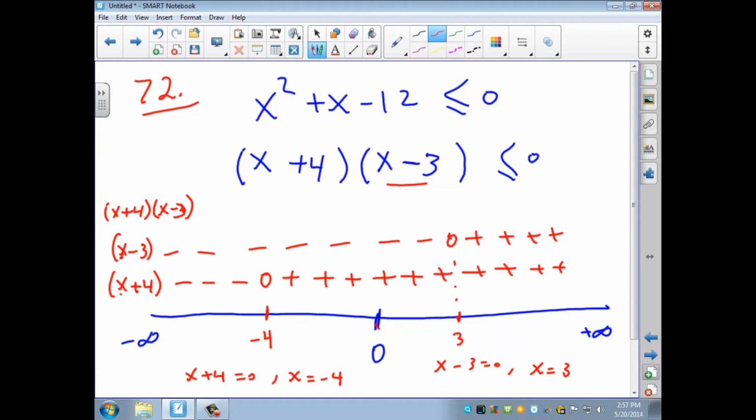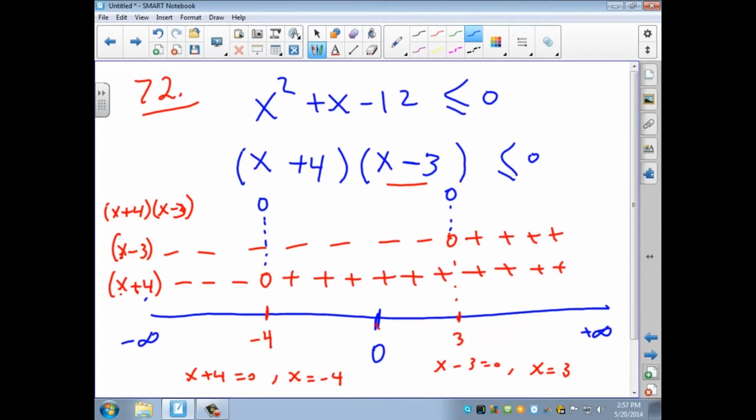What about their product, right? Well, first of all, if x plus 4 is 0, their product would also be 0. If x minus 3 is 0, their product would also be 0. So right in front of that, you would have 0 and 0.